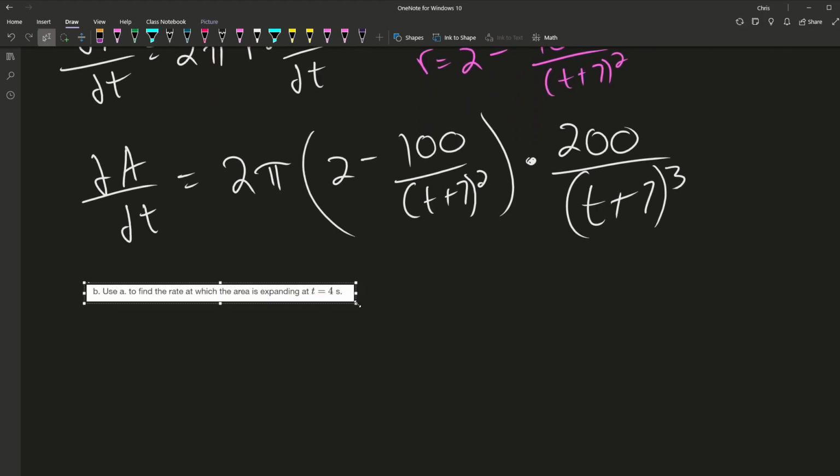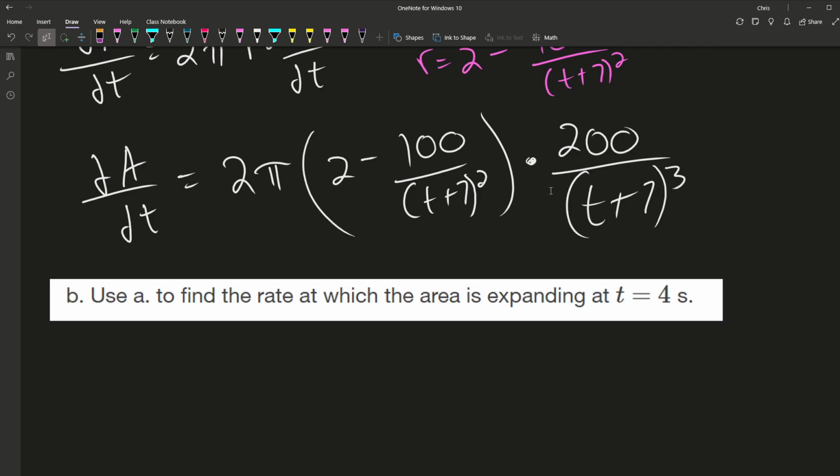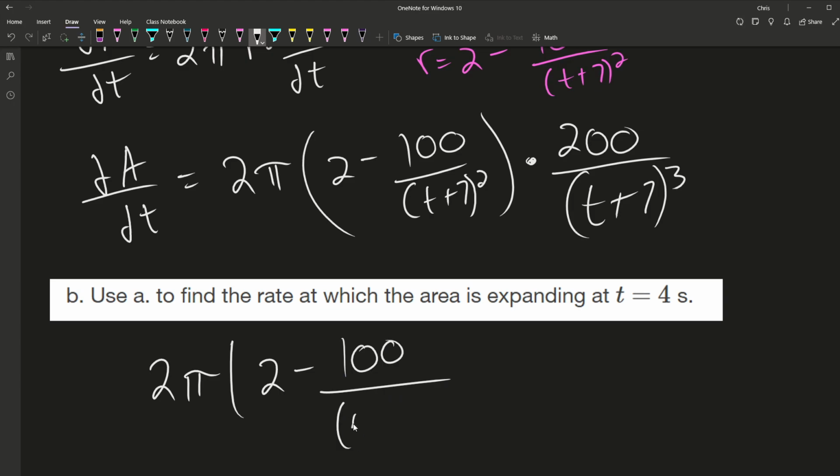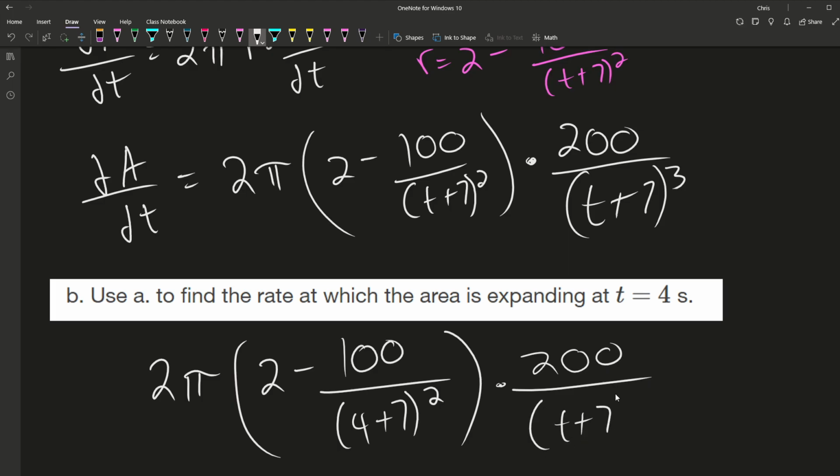There's only one other part, which was just to use this equation that we have to find the rate at which the area is expanding at t equals 4. So all we have to do is plug 4 in. So this would be 2 pi times 2 minus 100 over 4 plus 7 squared, times 200 over t plus 7.